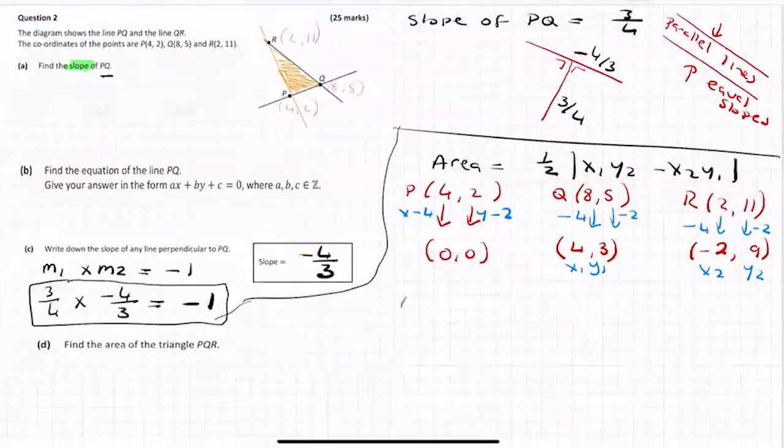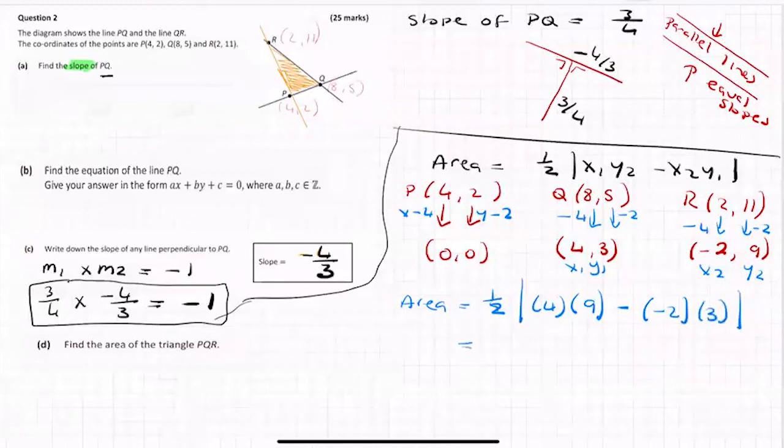Okay, so area is half of x1, which is 4. Always when you have two letters here butted up against each other, that means they're multiplied. So that's why I'm using my brackets. x1, y2 is 9. So there's my x1, y2, and then I'm coming back for my x2, y1, so minus x2, y1.